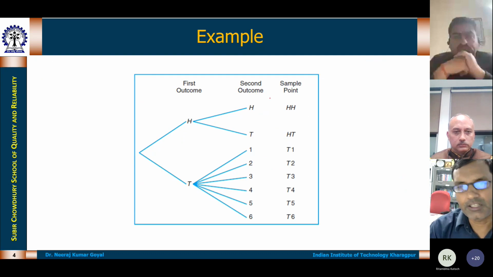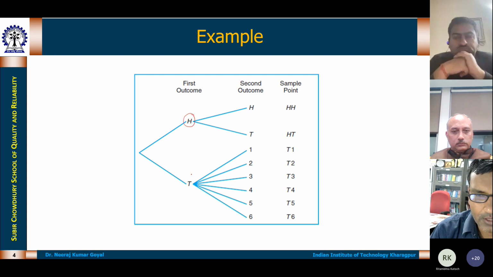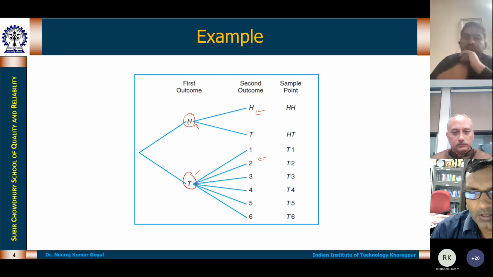Now let's say we take an example where we are doing one experiment. In that experiment, first we are tossing a coin, right? And we have made a condition that if head comes, then the coin will be tossed again. But if tail comes, then a dice will be rolled. So in this experiment, how many possible outcomes are there? In the first trial we get head, and in the second trial we get head.